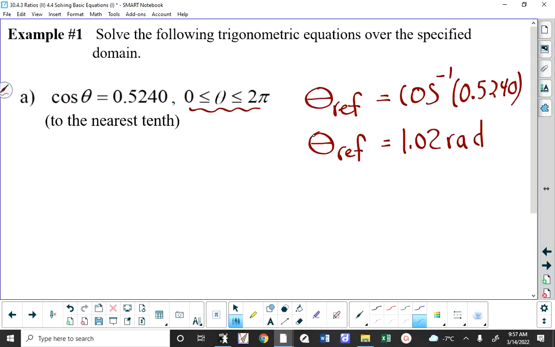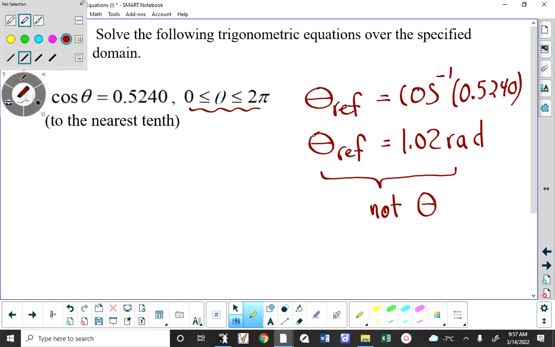Remember, that's not the rotation angle. That is not theta. We're trying to find theta, and that is not it, necessarily.